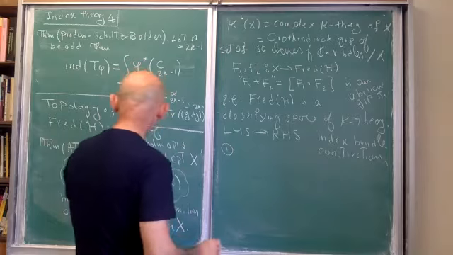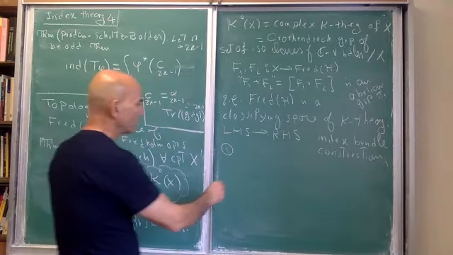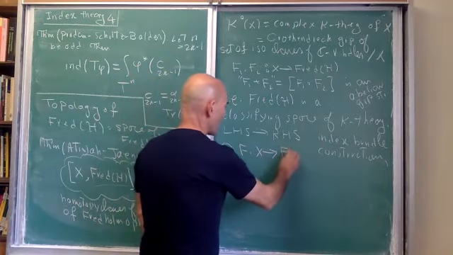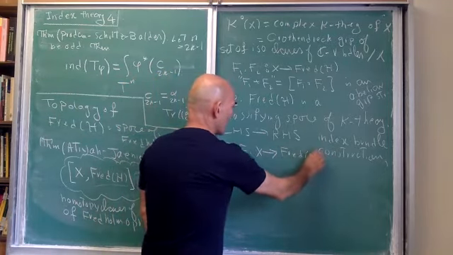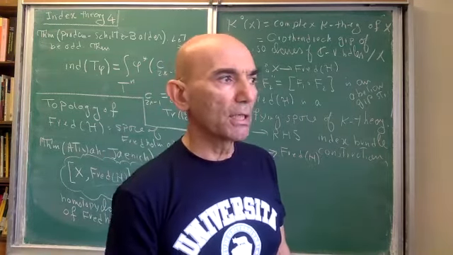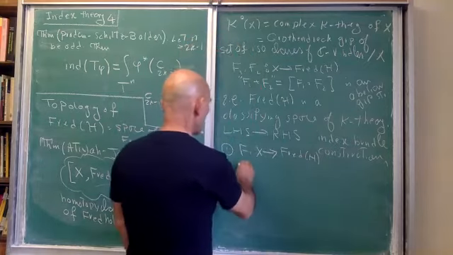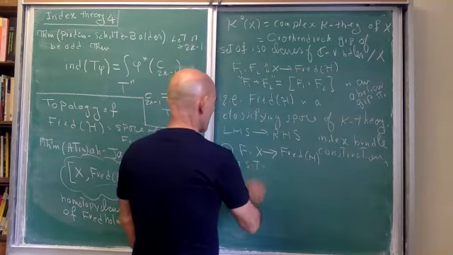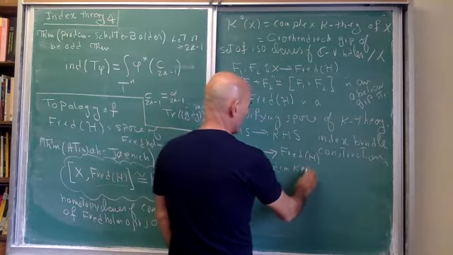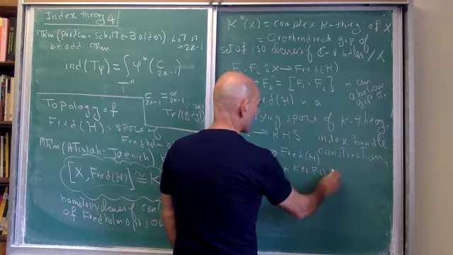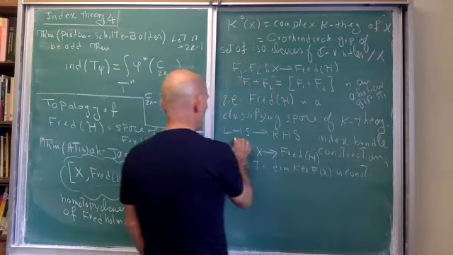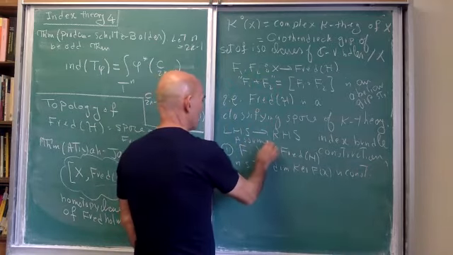First, assume that your family of Fredholm operators is such that the dimension of its kernel is constant. Because we know it's a finite dimensional kernel, right? The dimension of the kernel of f of x is constant. I mean, this is a big assumption.